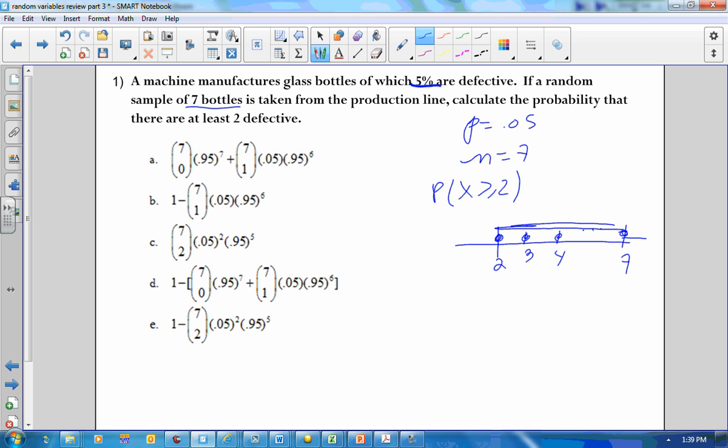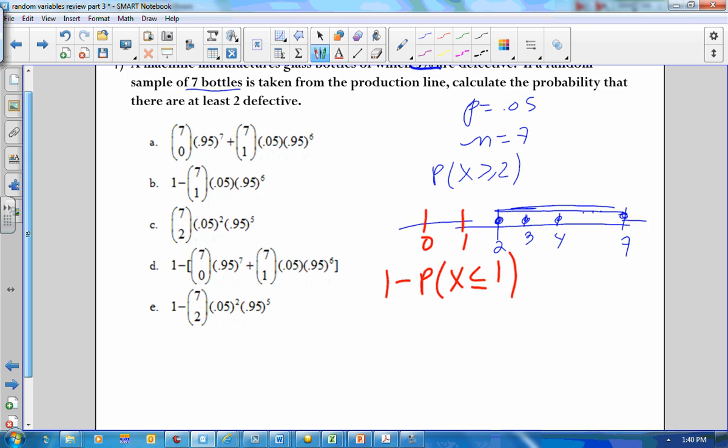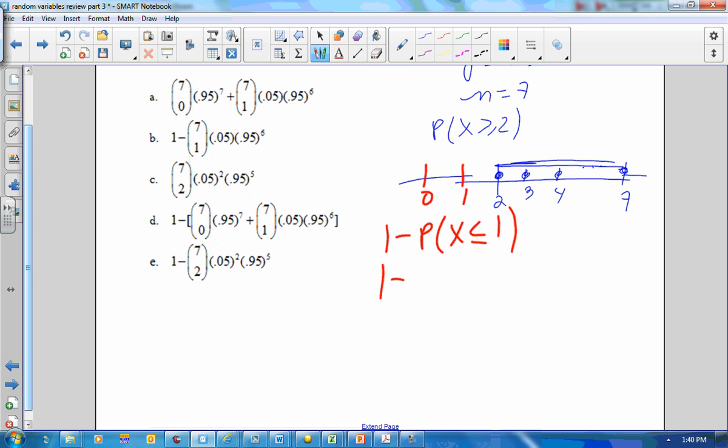So it would be all of these. So I could either add all these probabilities or just put in the ones that I didn't look at, which were 1 and 0. So this is an example where they would probably give me my answer as 1 minus the probability that x is less than or equal to 1. So remember the binomial formula that we looked at on the formula sheet. So it would be 1 minus, let's see, so the probability that x equals 0 would be 7 choose 0.